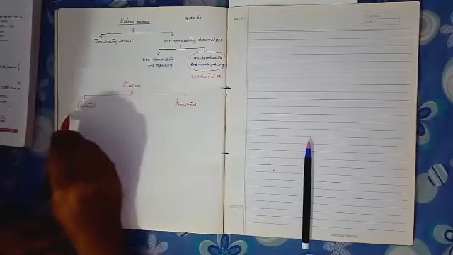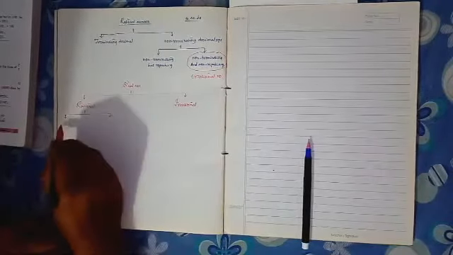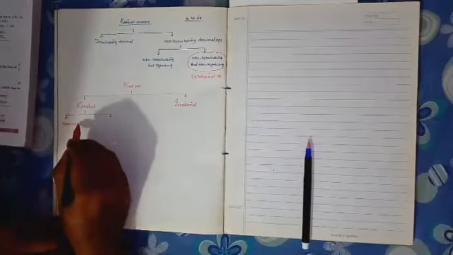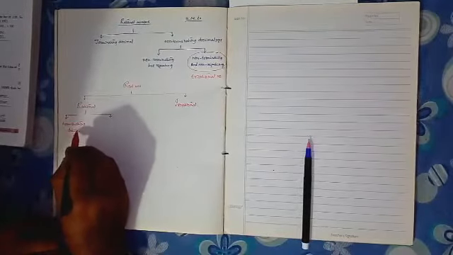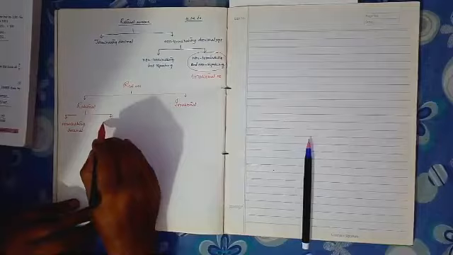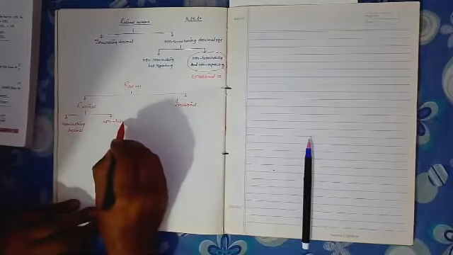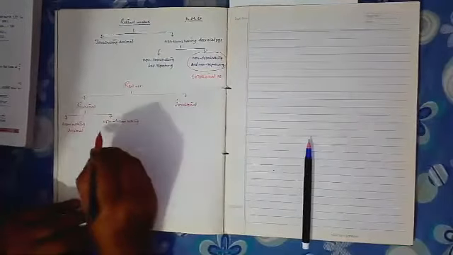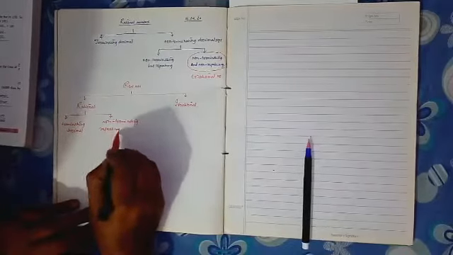Now rational, this is terminating decimal and non-terminating repeating decimal.